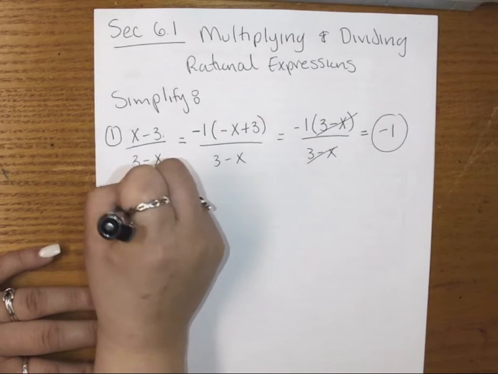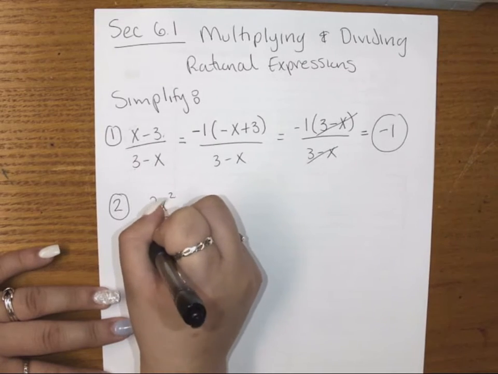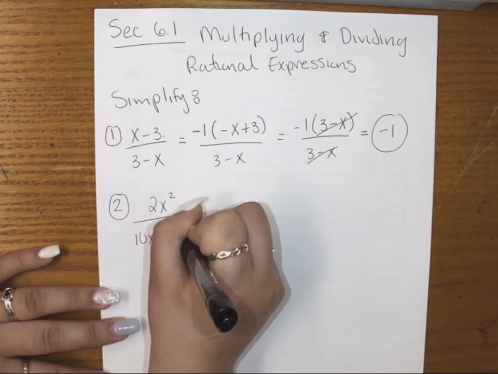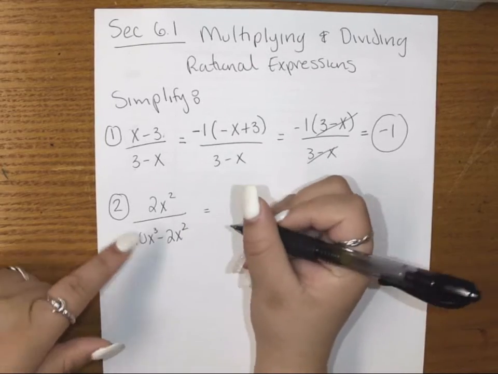So if we have 2x² over 10x³ − 2x², and we're trying to simplify, when we're simplifying rational expressions, you always have to completely factor before you can cancel anything out. So the top, we have 2x².